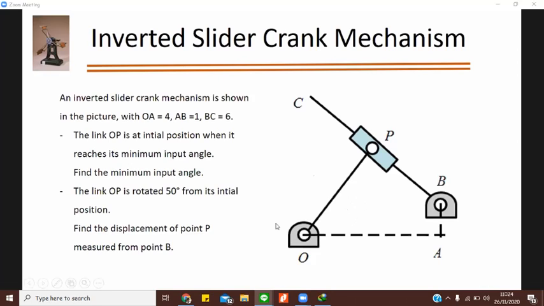When the link OP rotates 50 degrees from its initial position, find the displacement of P measured from point B. How much it has moved from point B, because your slider is moving on this BC link.